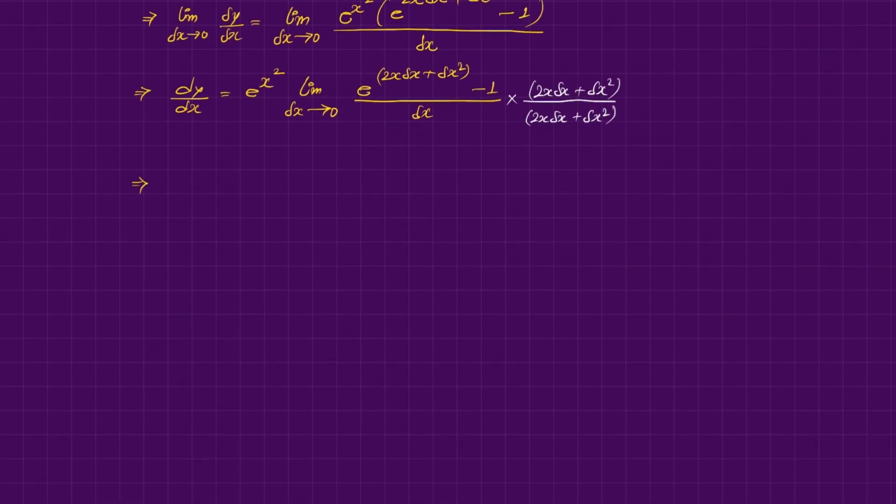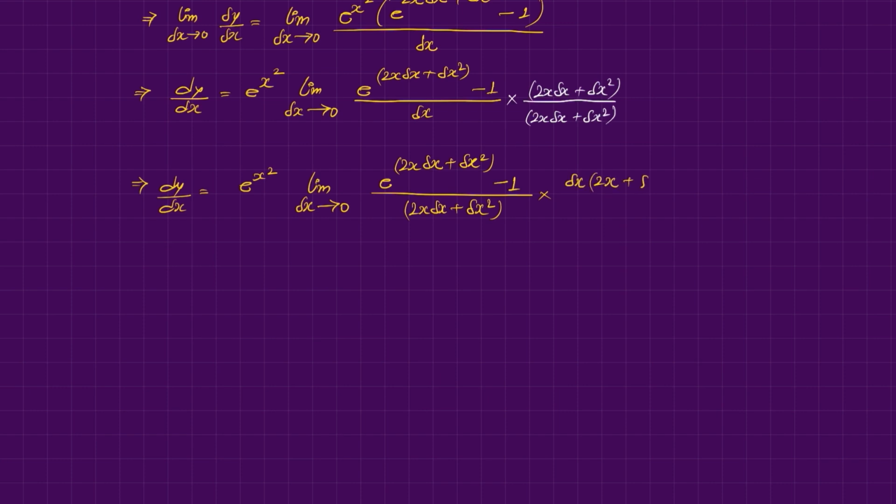So we will have dy over dx equals e to the power x square limit delta x tends to 0, e to the power 2x delta x plus delta x square minus 1 over 2x delta x plus delta x square, times, here in numerator let me take out delta x as common, then it will be delta x times 2x plus delta x, divided by delta x below. So this delta x and delta x will get cancelled.